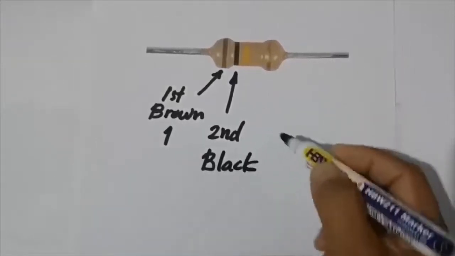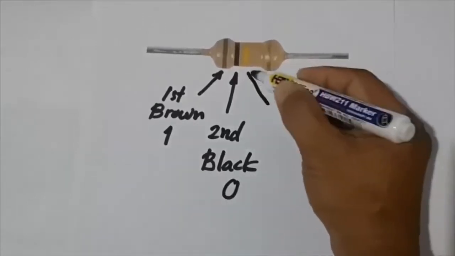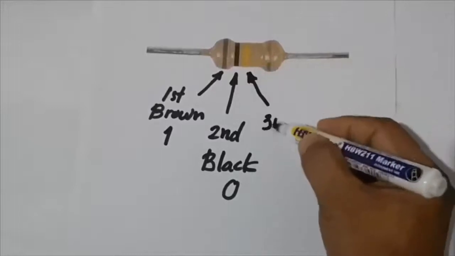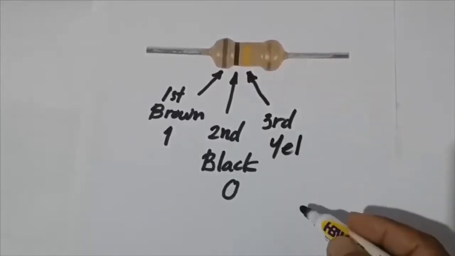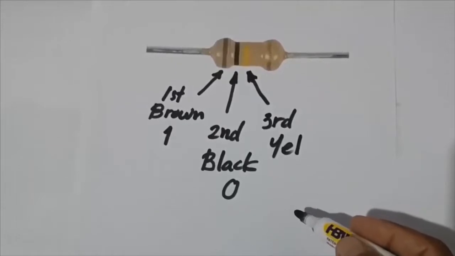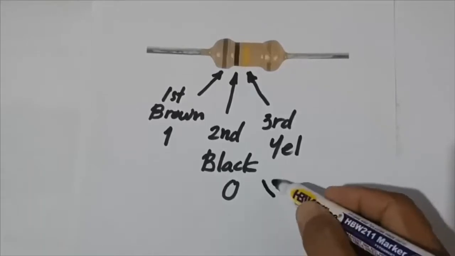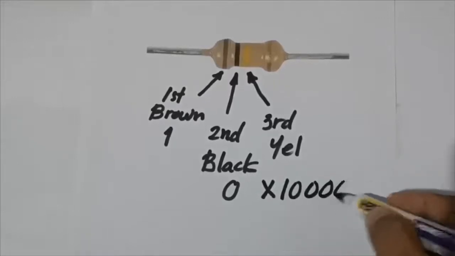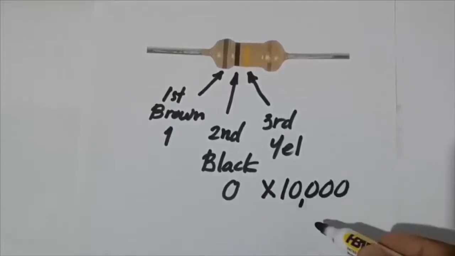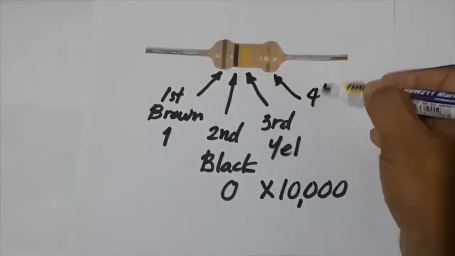The third color band is yellow, which is equivalent to 4, but this time, as a multiplier, this is equivalent to times 10,000. The fourth color band signifies the tolerance color.